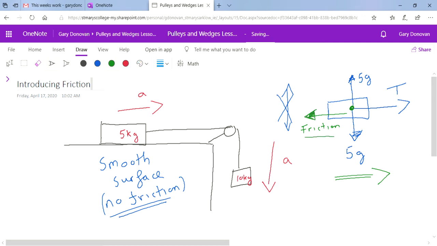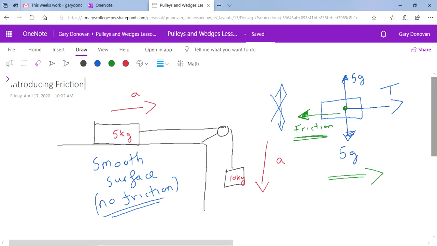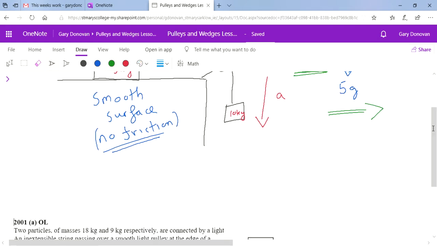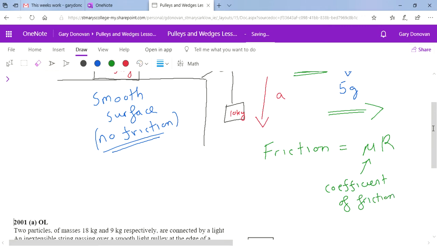And in real life, in everyday life, there's always friction. So what we're going to do today is introduce this friction. How do we include this in our questions? Now, the equation for the amount of friction something has: friction is equal to mu times R. Now, mu stands for the coefficient of friction, and that looks like a U to you, but it's actually a Greek letter, and how you pronounce it is mu, M-E-W.